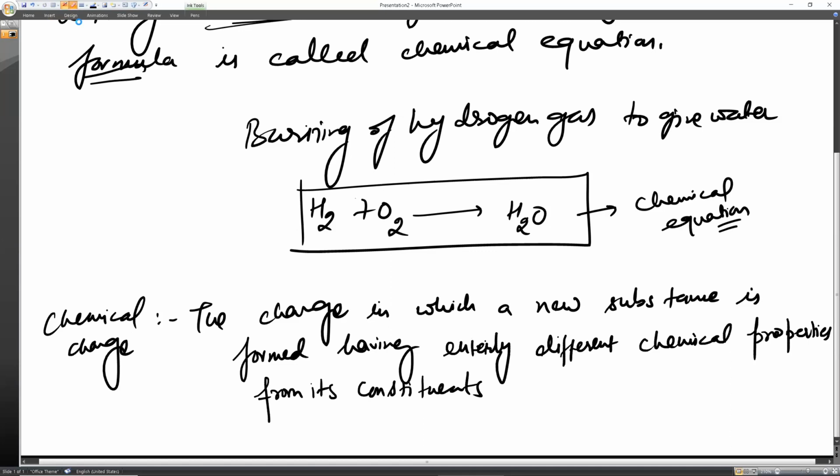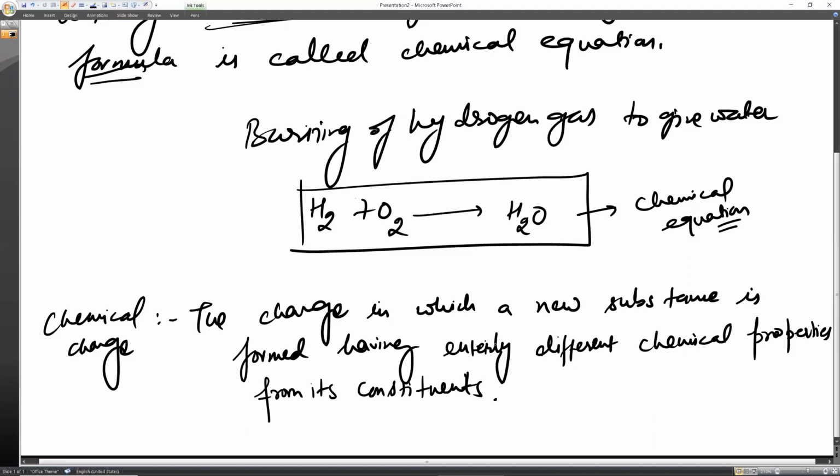Note it down, from its constituents. A change in which a new substance is formed having entirely different chemical properties from its constituents is called a chemical change. Understood? Yes, sir.